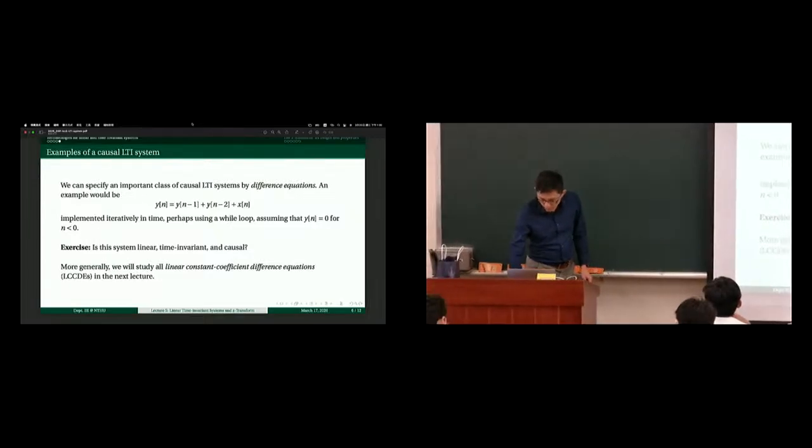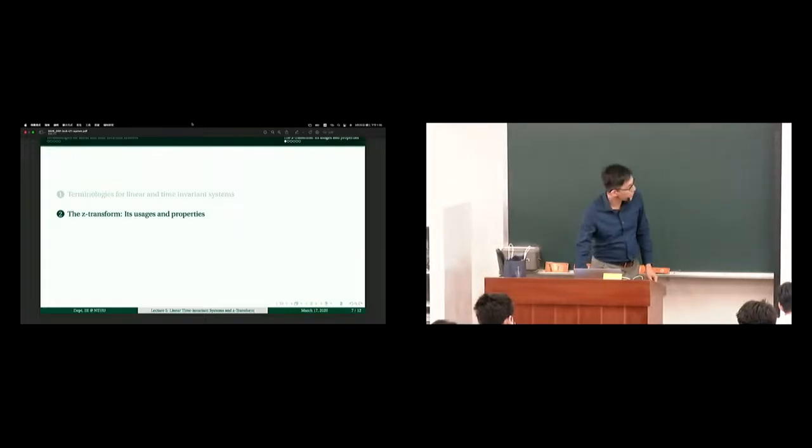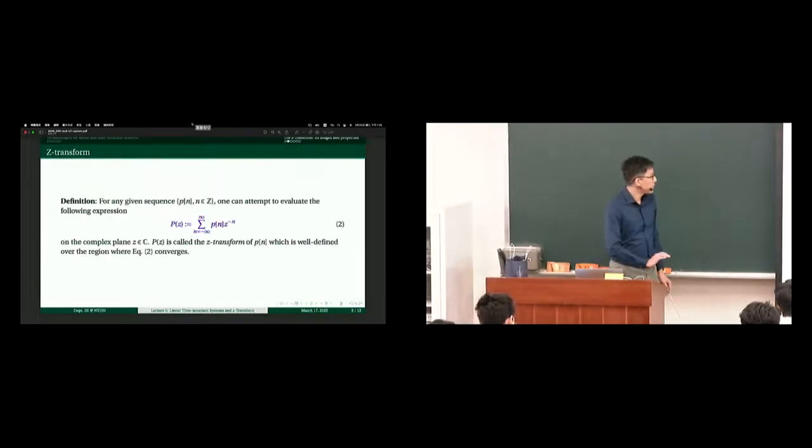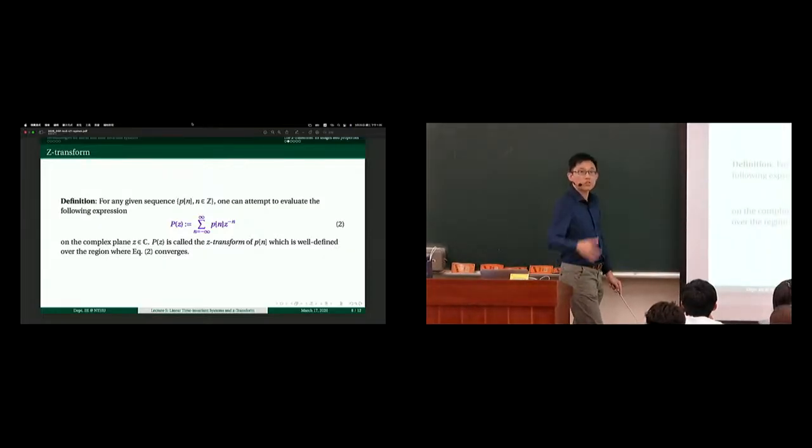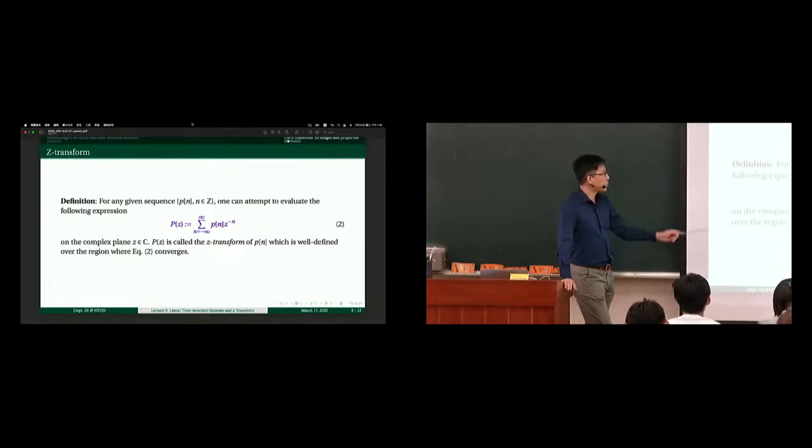So this is where we were last Wednesday. But now, before we move on to a general discussion of how to solve difference equations, before we learn how to analyze the system, it's a good time to introduce the transform by the name Z, the Z transform.